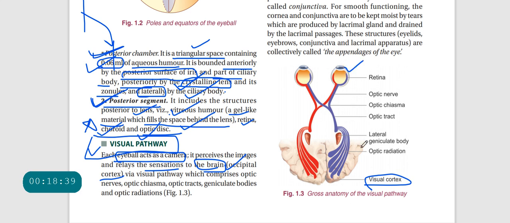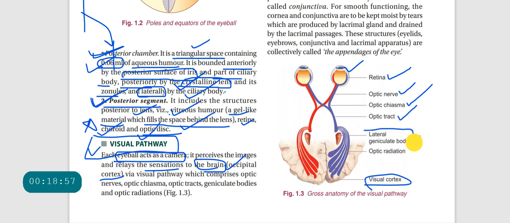From the optic nerves, the sensations travel to the optic chiasma, to the optic tract, and come to the lateral geniculate bodies. There, they are converted into optic radiations.